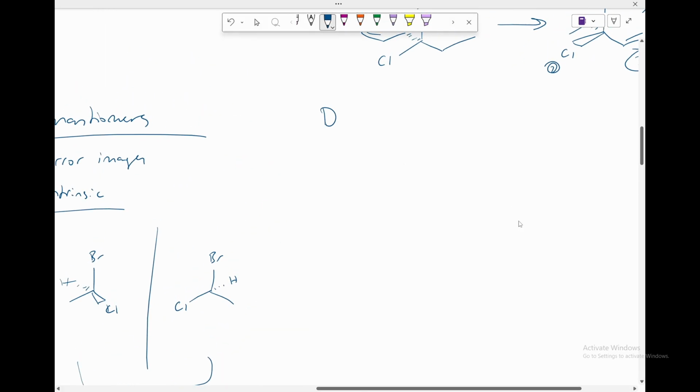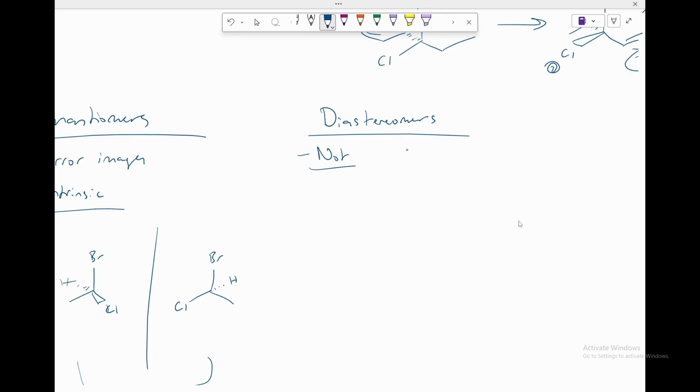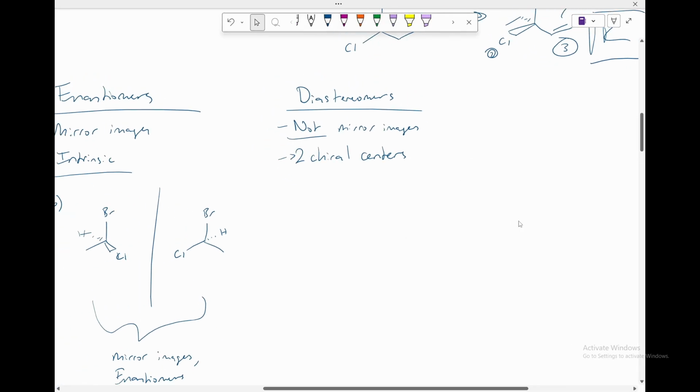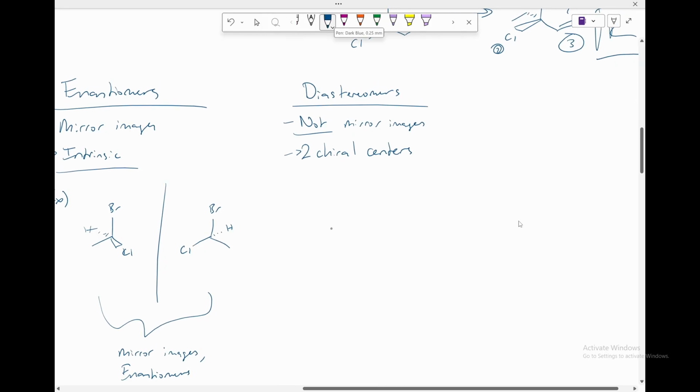Let's talk about diastereomers. Diastereomers are not mirror images. Diastereomers, I think, are actually easier to identify than enantiomers because for diastereomers, you need more than 2 chiral centers. And as always, you can resort to R and S configuration.